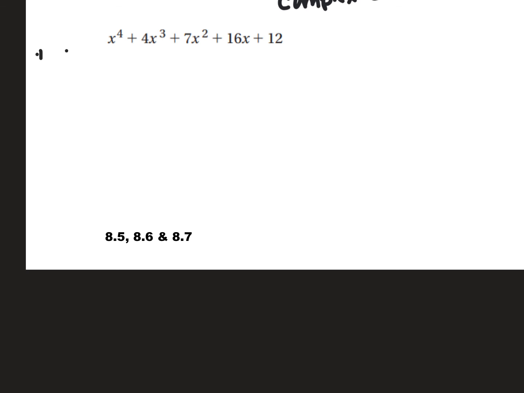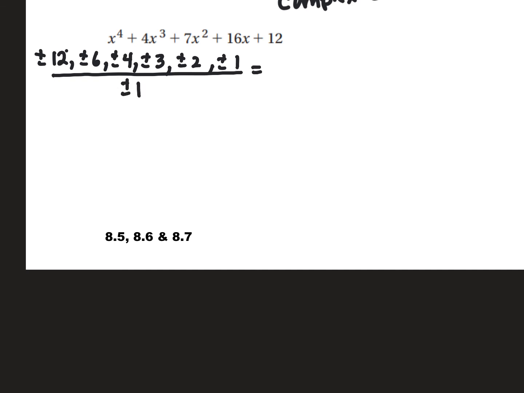So we have plus or minus 12, plus or minus 6, plus or minus 4, plus or minus 3, plus or minus 2, plus or minus 1, divided by the coefficient of the leading term, so it's plus or minus 1. So our possible roots are plus or minus 12, 6, 4, 3, 2, and 1.